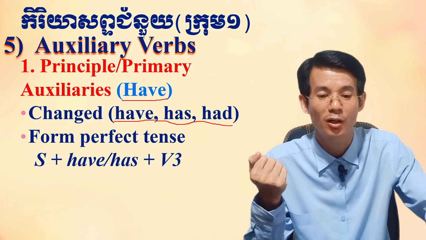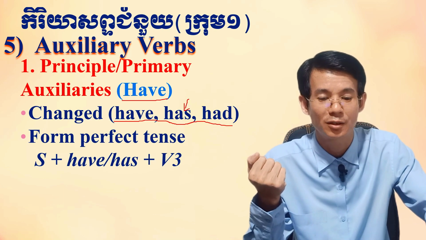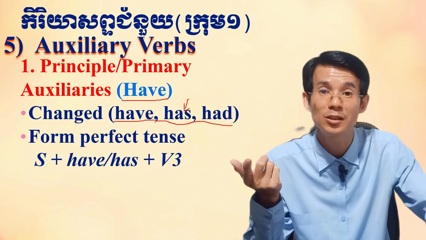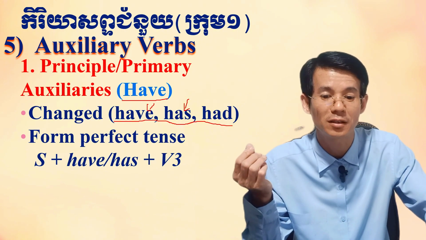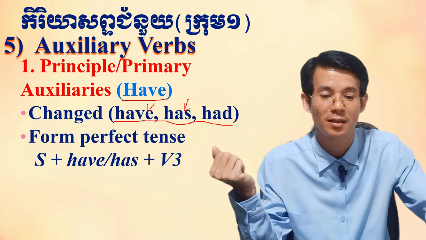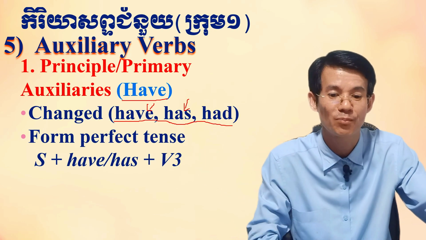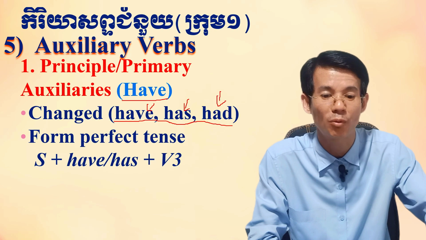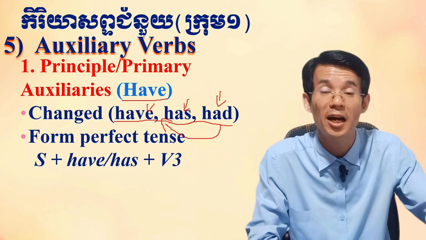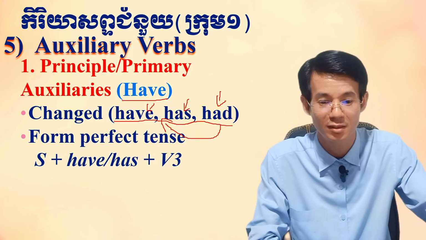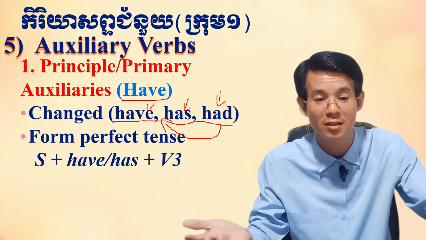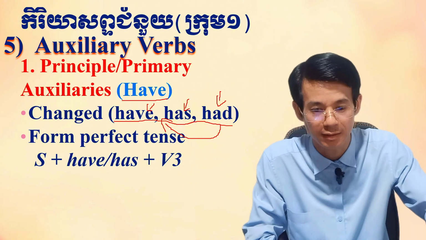Okay, normally has agrees with a third person singular subject he, she, or it, and have agrees with the other subjects I, we, you, they. Okay, and had is the past form of both have and has. Take note. This is how they change according to the subject and according to the tense.